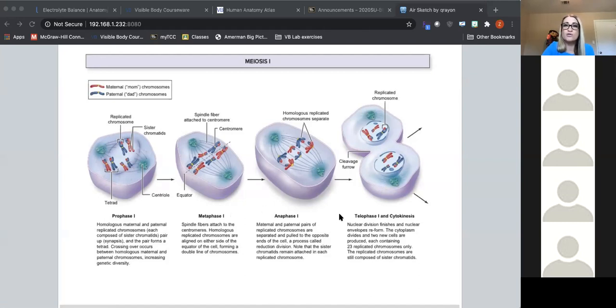So meiosis is also known as the lessening division or reduction division, where we're reducing the number of chromosomes in the cell. Meiosis will start with a diploid cell, and it will end with 4 non-identical haploid cells. The cell that we begin with is going to be either in the ovaries or the testes.